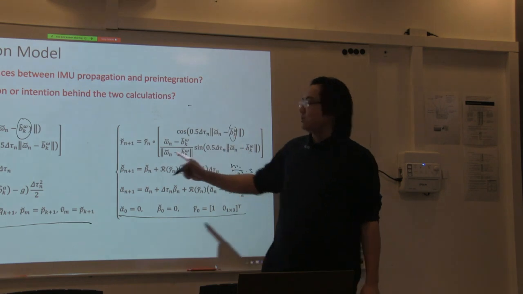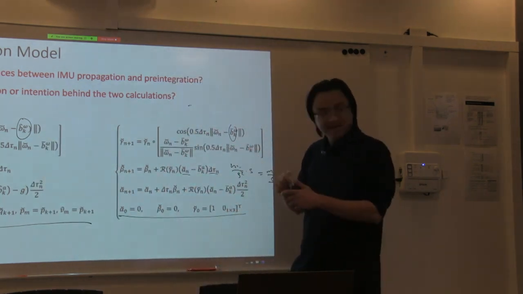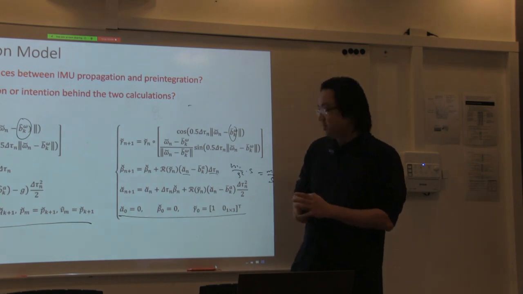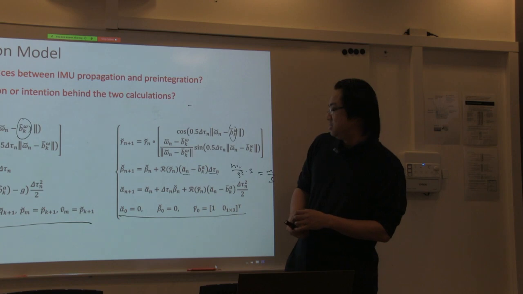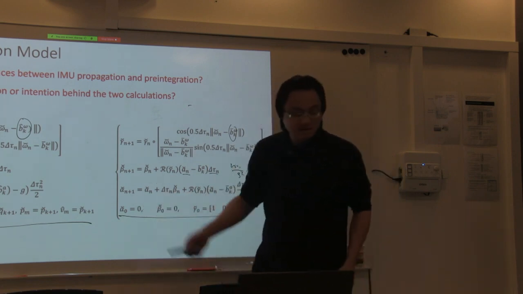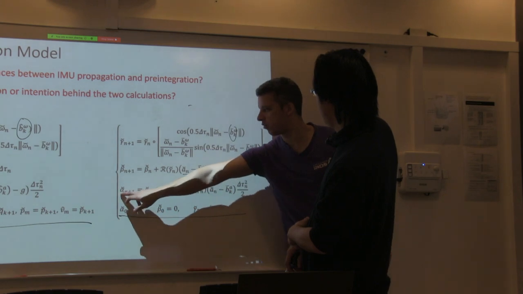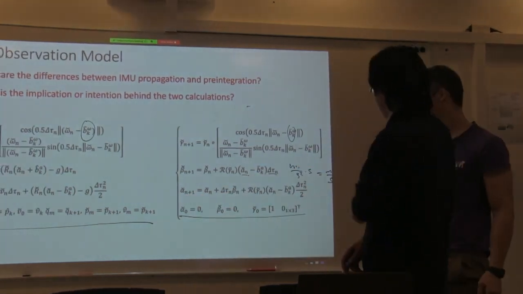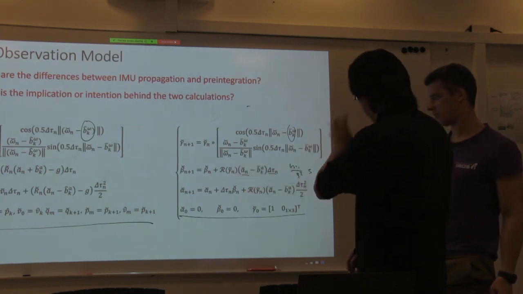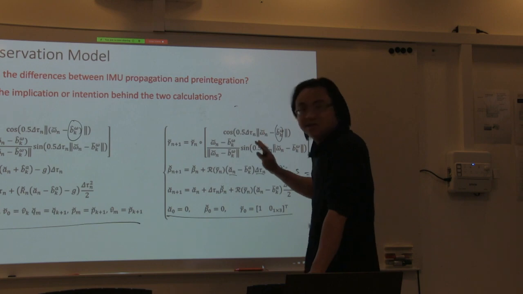Numerically they're the same. This is your bias estimate, this one is your bias guess. For example, it says alpha n plus 1 and then it multiplies. This one you said is position, but it's the pre-integrated position, so it's not position. It's supposed to be something else.